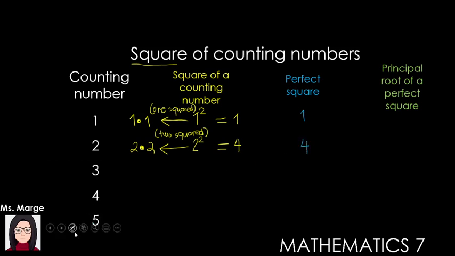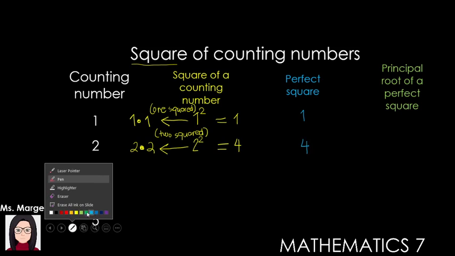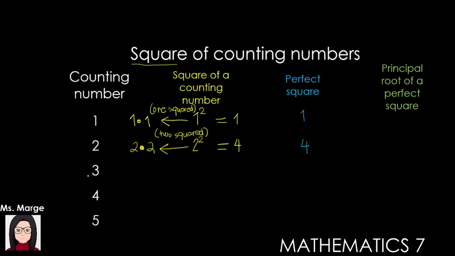Next, we have 3. Mahalaga na may background kayo sa squared numbers. So, 3 squared. Ang basa dito ay 3 squared. I have to write para sa mga beginners sa math. So, that will be 3 times 3.